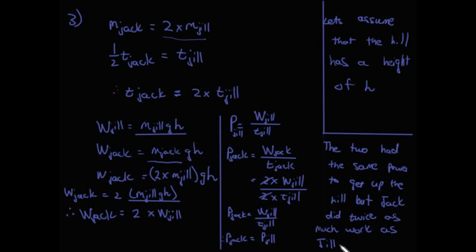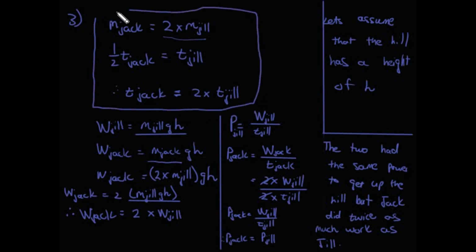It's very important when we have questions like that to do what I've done here, which is to put the words of what they've told us into formulas. They told us that Jack was twice Jill's mass. He was twice as massive as Jill. Jill took half the time to ascend the hill as Jack did, so she went up the hill twice as fast as Jack did.